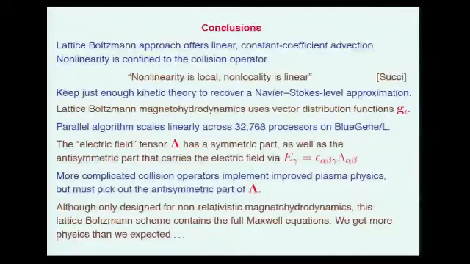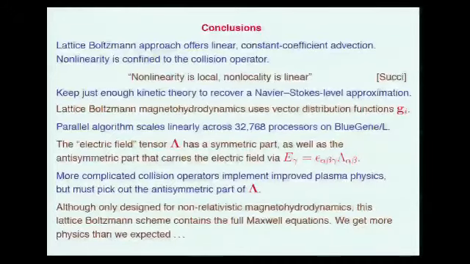So to conclude, the attraction of this Lattice Boltzmann approach is you get linear constant coefficient advection, so it's very easy to discretize and implement on a computer. All the nonlinearity happens locally at grid points in the collisions. My colleague Saro Suchi likes to say nonlinearity is local, non-locality is linear, where non-local just means next grid point.